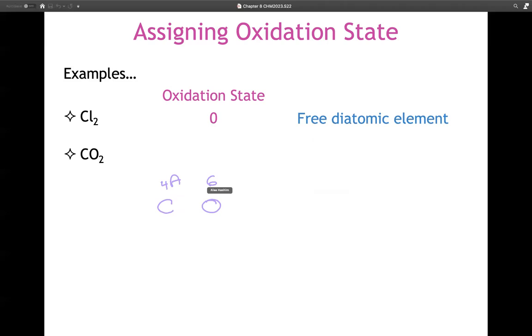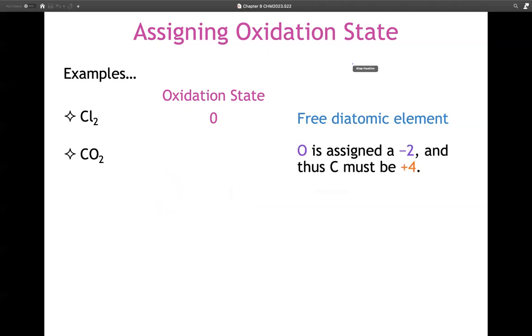Oxygen is in group 6A, and we have 2 oxygens. If each oxygen is a -2, carbon is a +4, because the sum has to be 0.